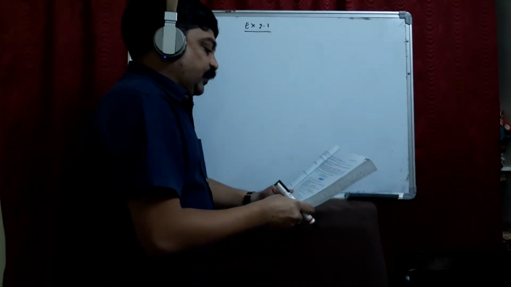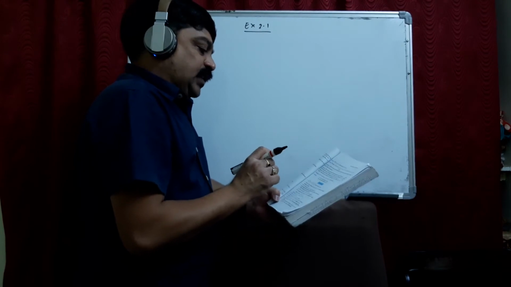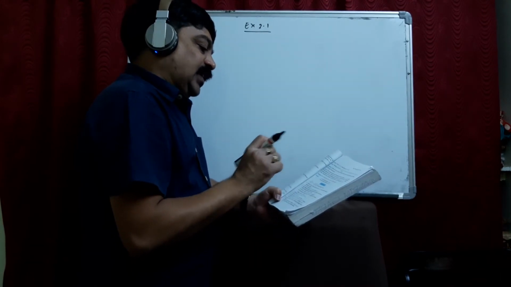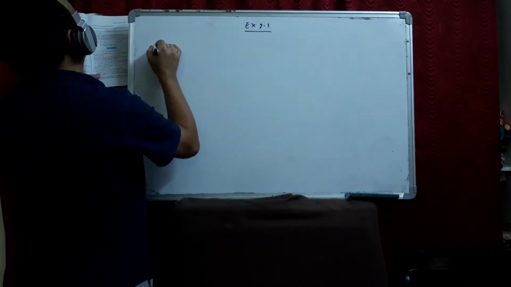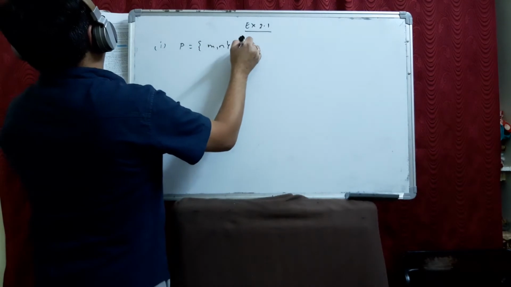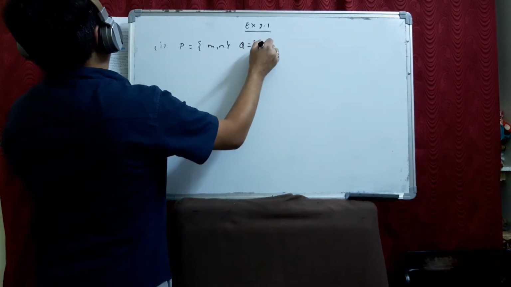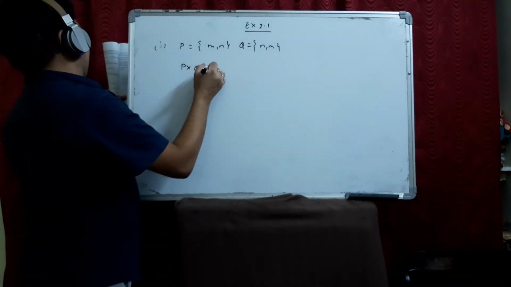Okay, fourth question. State whether each of the following statements is true or false. If the statement is false, rewrite the given statement correctly. Let us see the first question. They have given P is {m, n} and Q is {m, n}. How many elements should P cross Q have?